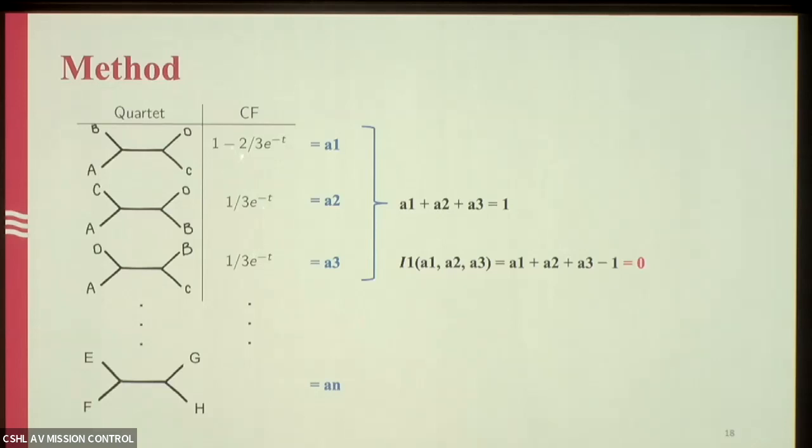We write this relationship as a1 + a2 + a3 = 1, and we get an invariant: a1 + a2 + a3 - 1 = 0. So the set of concordance factor polynomials defines a set of invariants that vanish to 0 if the data come from the true network.